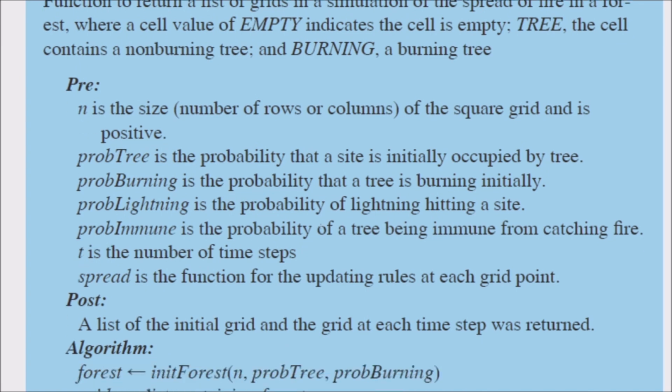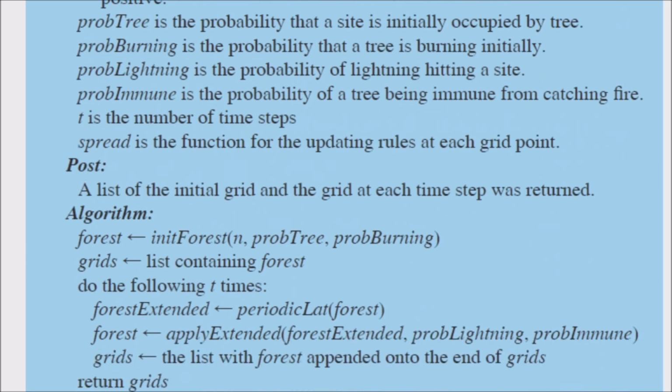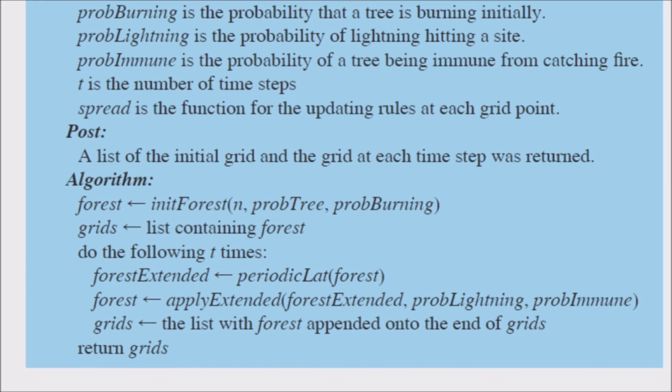So the preconditions: you will have burning trees, lightning, which means the fire happens, and then immune trees. Then the spread is how you're going to update your rules for the grid, and then you return the result, your answer. Then we also have the forest extended by using a periodic lattice, right?